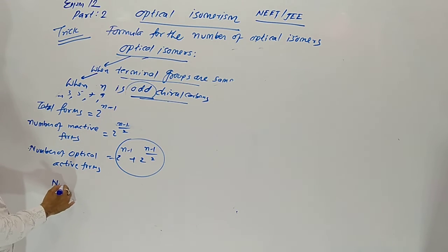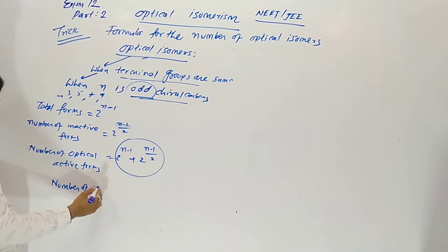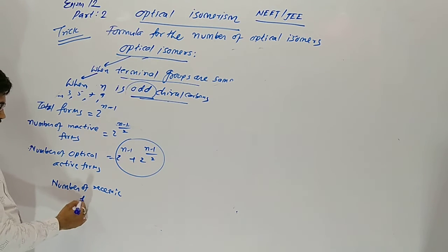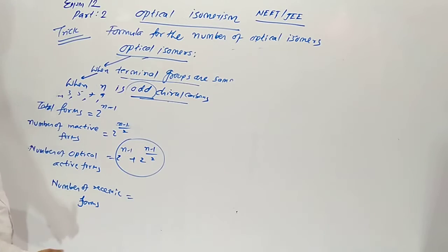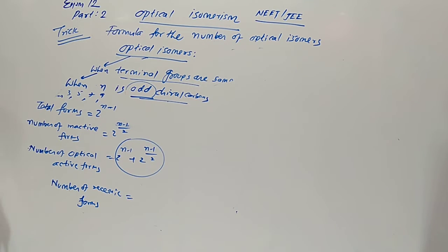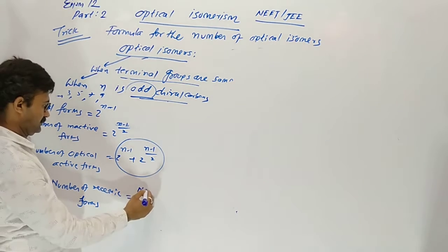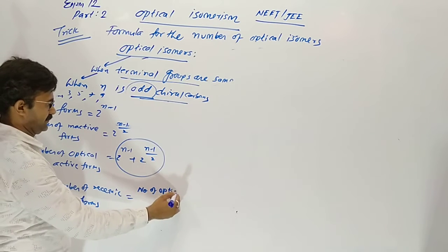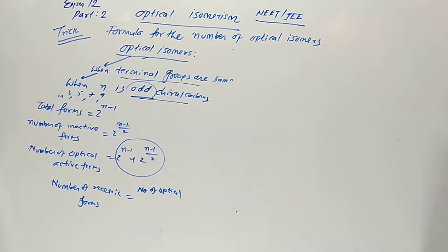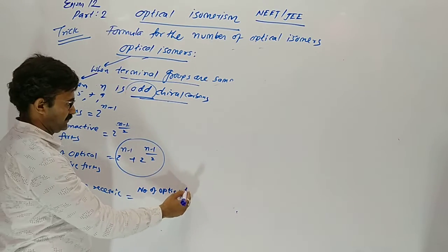Now the number of racemic forms will be the number of optical forms divided by 2.